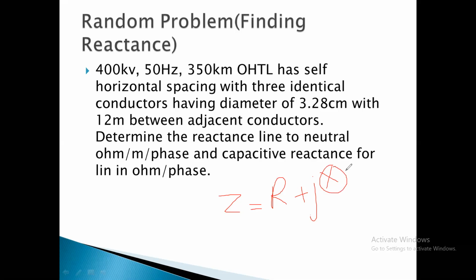This is the total reactance of the line, so it will include the capacitive reactance as well as the inductive reactance. Firstly, we have to know the capacitive reactance, and then I will tell you how to find the inductive reactance, and then we can combine both, actually subtracting, and get the total reactance of the transmission line.